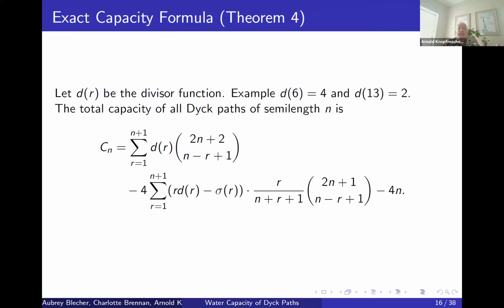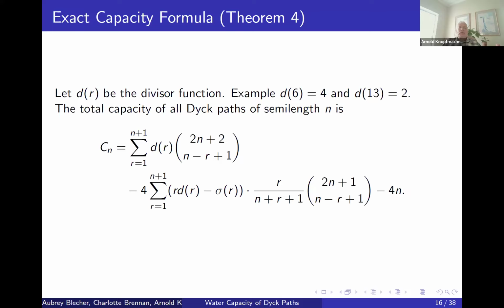For example, if the number is 6, then the divisors of 6 are 1, 2, 3, and 6, and there are 4 of them. Hence, d(6) is 4, whereas 13 is a prime number, so it only has 2 divisors. So in general, we have an answer in terms of the divisor function, and this is as simple as one can hope to get when dealing with such a complicated generating function.